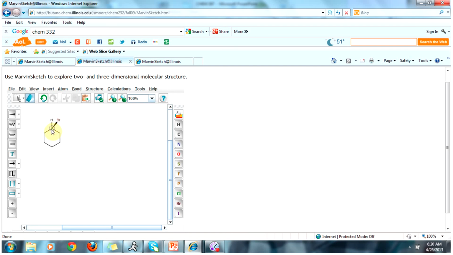If you look from the left, you have 1, 2, 3, 4, 5 carbon groups before you get to this specific carbon. And if you look from the right, you have 1, 2, 3, 4, 5 different carbon groups before you get to the carbon that we're looking at. So basically these groups are pretty much the same from the left and the right, so you still do not have a chiral center here.